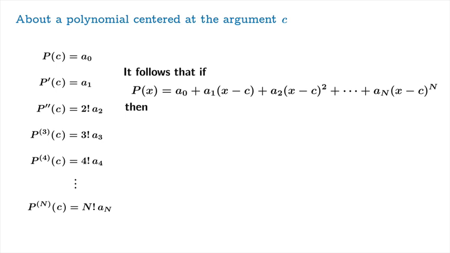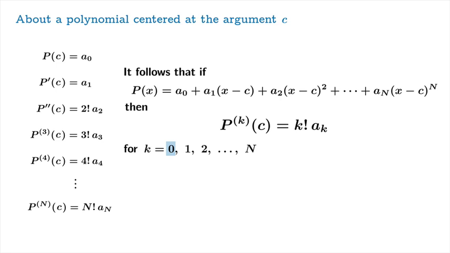So it follows that whenever you have a polynomial centered at c, the values of the higher derivatives of that polynomial evaluated at c are given to you by this nice, beautiful formula. The kth derivative of p evaluated at c is just k factorial times the coefficient a sub k. And this works for k equals 0, 1, 2, all the way up to n. And you might wonder about the case of k equals 0.